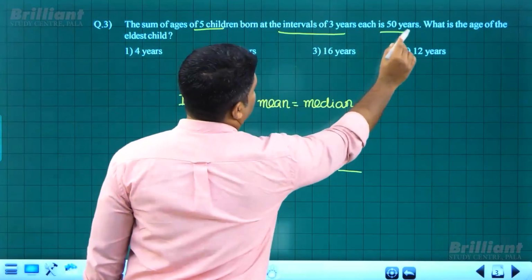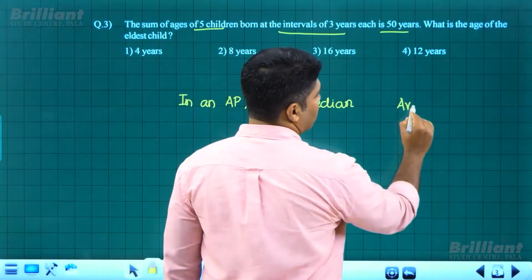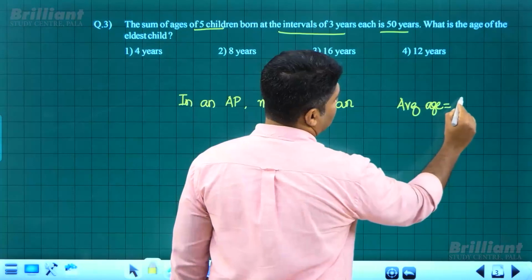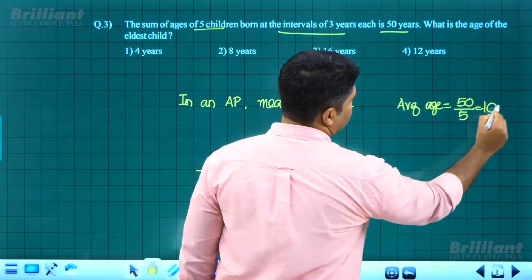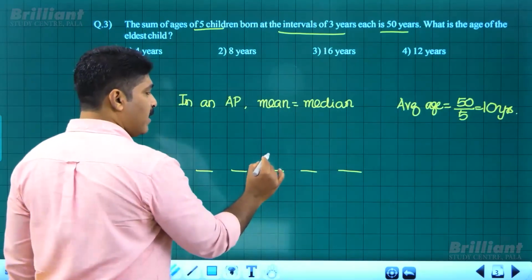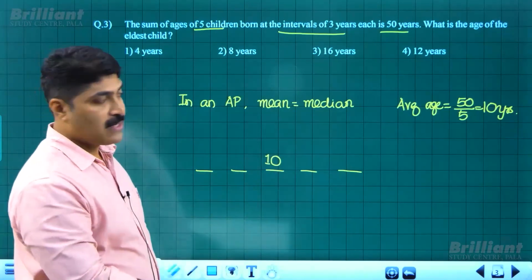The total sum of ages is 50 years. Therefore, we can easily conclude the average age, that is 50 by 5, equal to 10 years. So as per this conclusion, we can write this middle person's age as 10. Directly we can reach such a conclusion.